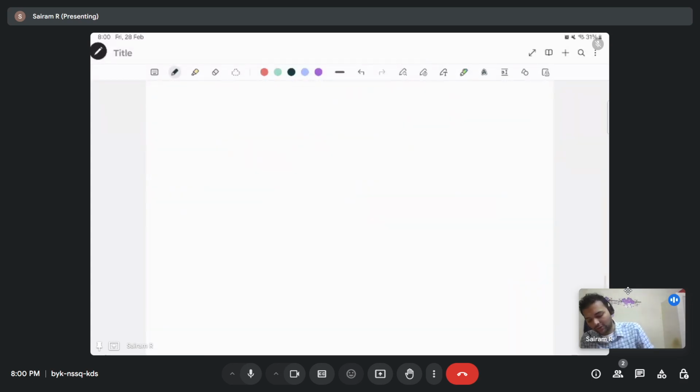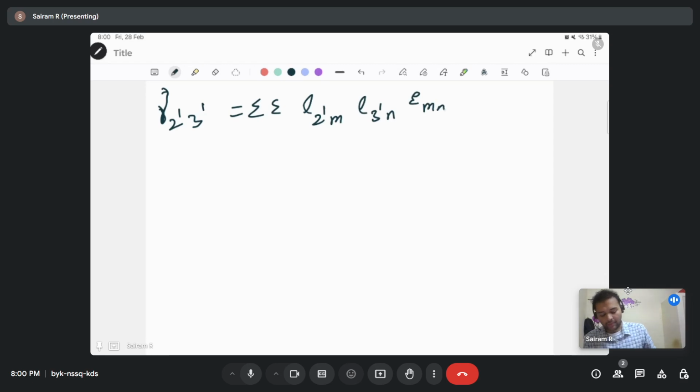The next question was to find out gamma 2' 3'. We'll use the same formula, summation L2'm L3'n sigma m epsilon mn.